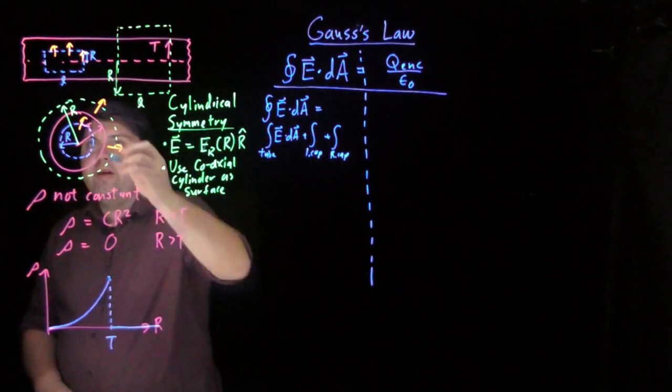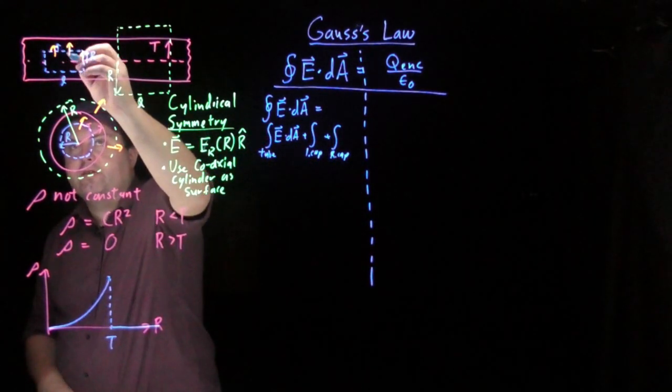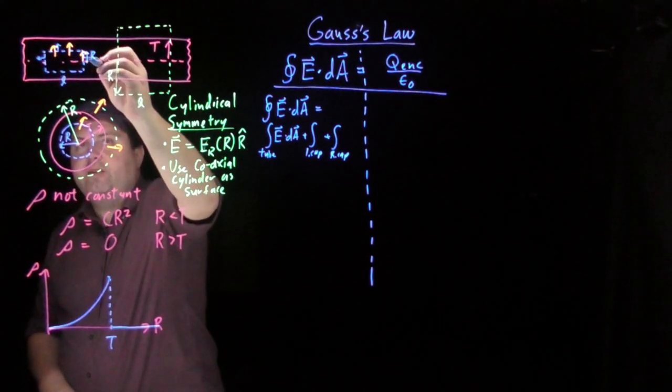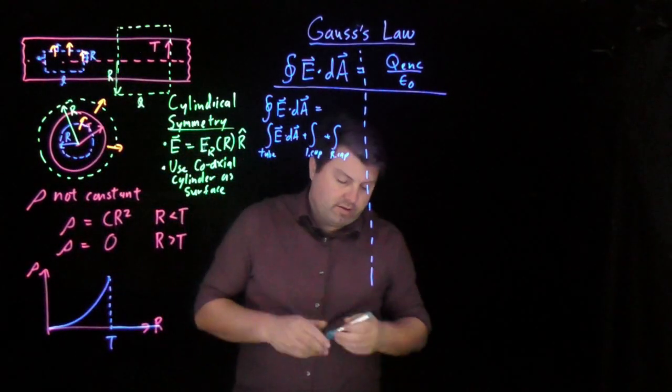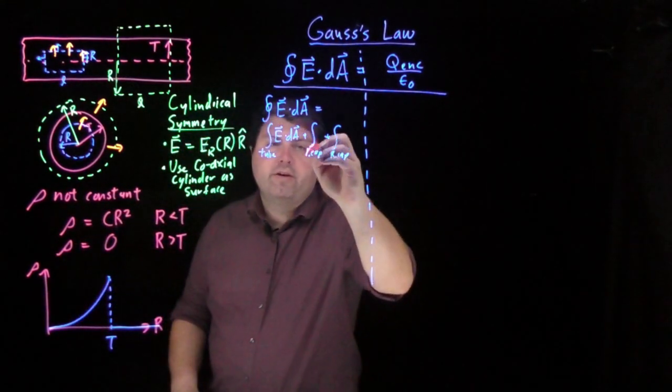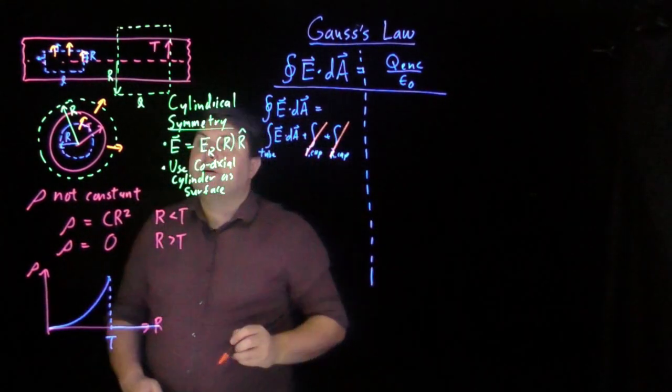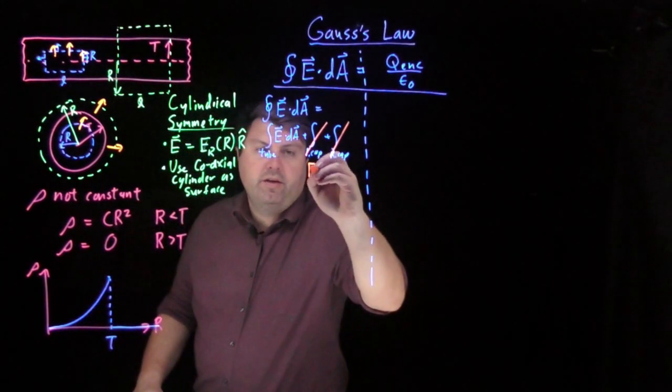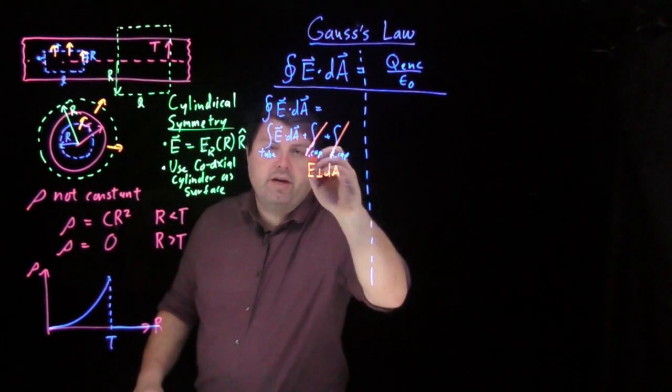Whereas our dA for this tube section is doing fine, but our dA for these sections are doing no good. So the reason we've chosen this cylinder is that now this left cap and right cap are 0 because our E is perpendicular to dA for this section.